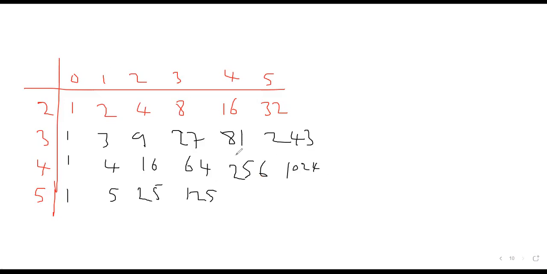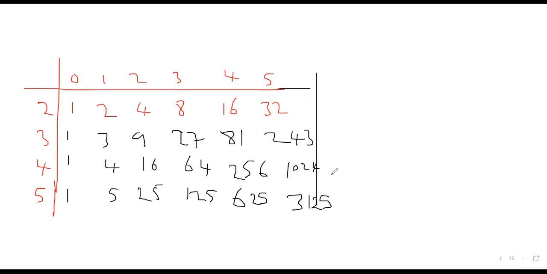About 5 to the power 4. 625. Good. Then what is 5 to the power 5? 3125. Okay.